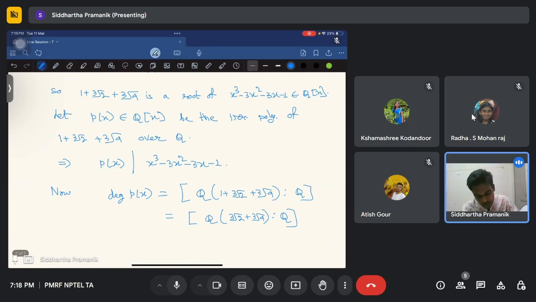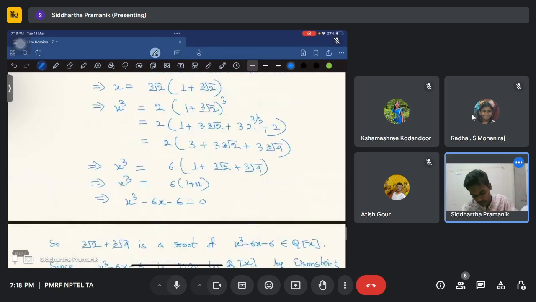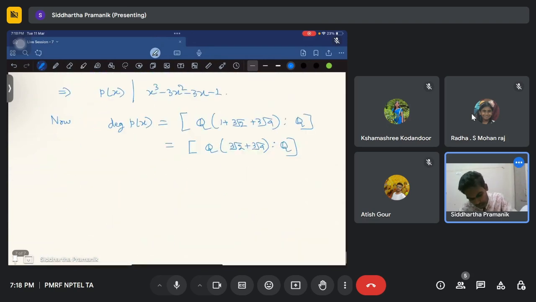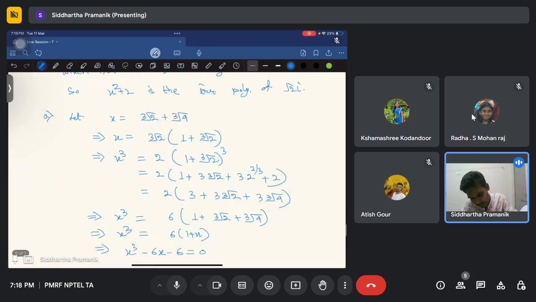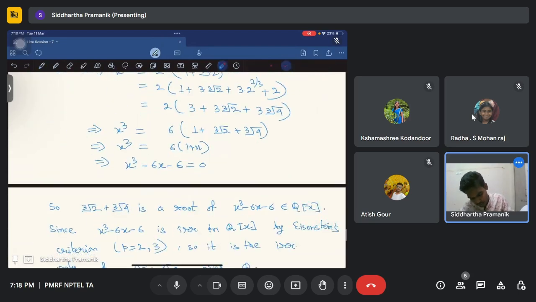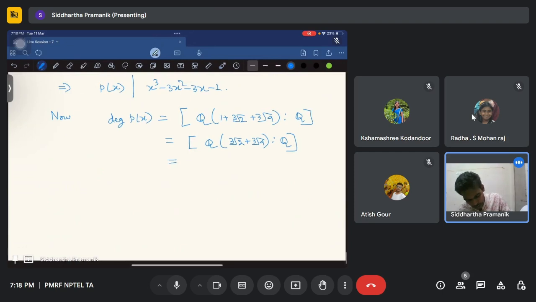You need to go back to the first problem. The degree of this extension is the degree of the irreducible polynomial of this element. In the first problem, we got a degree 3 polynomial which was irreducible. So this degree is basically 3.